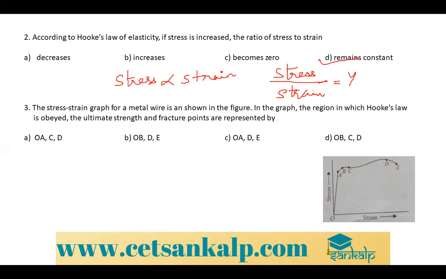D is nothing but ultimate strength and E is nothing but fracture point. In the region OA, the graph is linear, showing that stress is directly proportional to strain. So the right answer will be C.